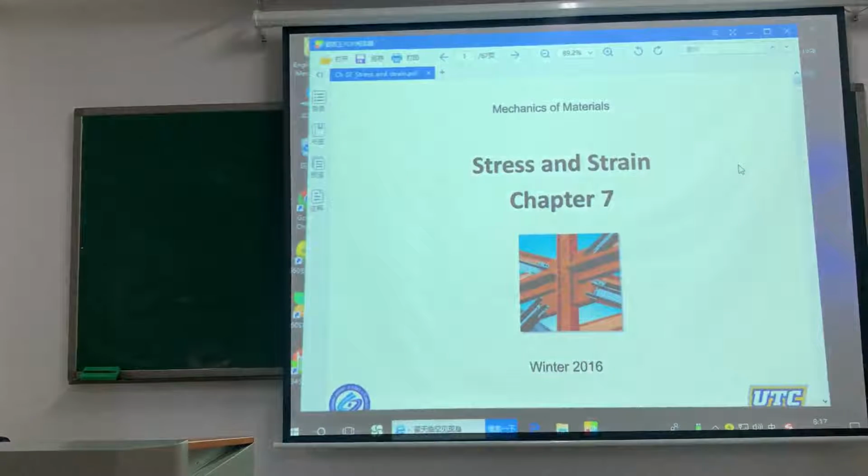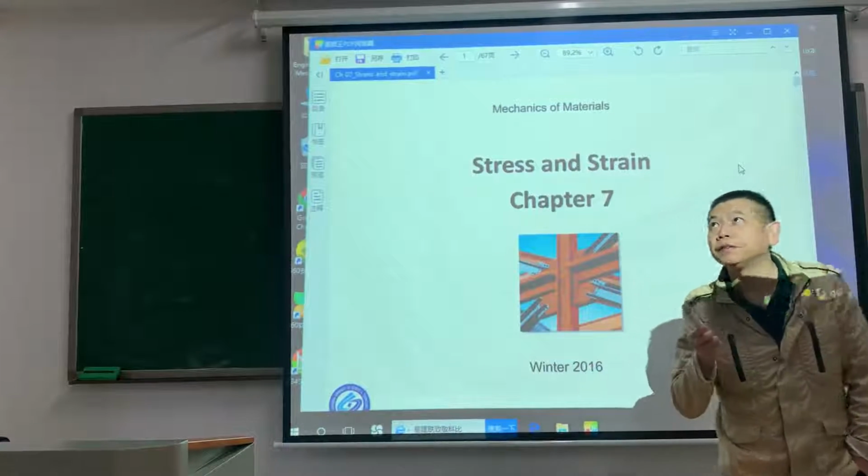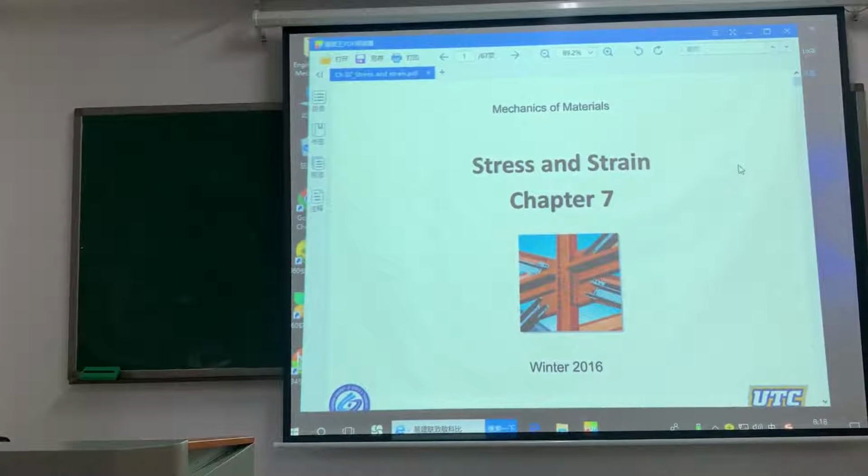After we know statics, we can study mechanics of materials. If you know the loading of a member, when you want to design a member, suppose the beam is a member. A beam is a member.